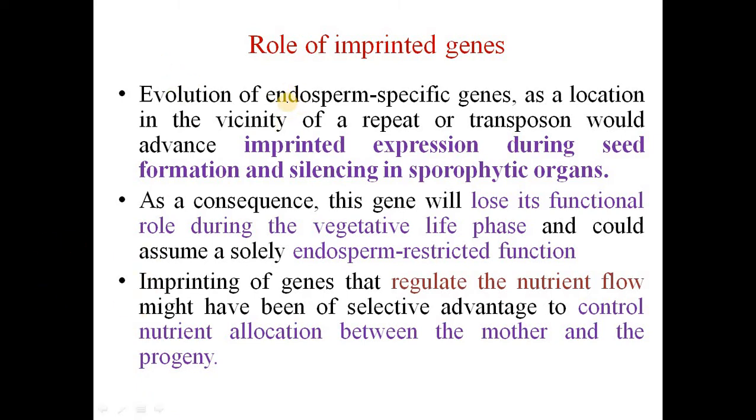So in the evolution of endosperm-specific genes, obviously the genes which are in the endosperm are located at a specific place, in the vicinity of a repeat or transposon that advances imprinted expression during seed formation, and they are silenced in the sporophytic organs because of their specificity, as they originated in the endosperm.